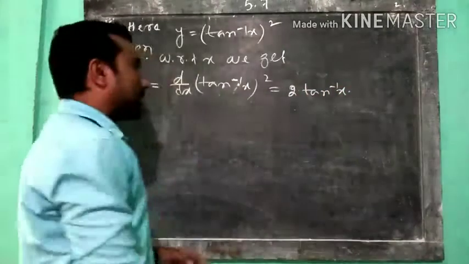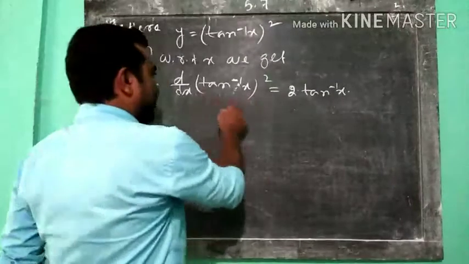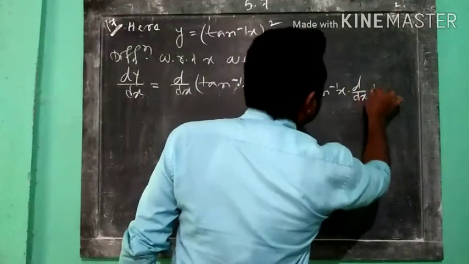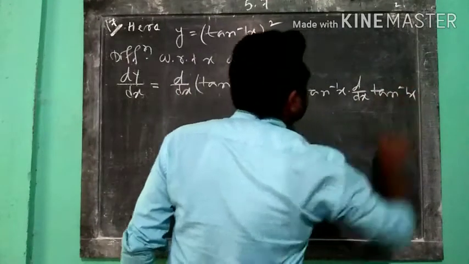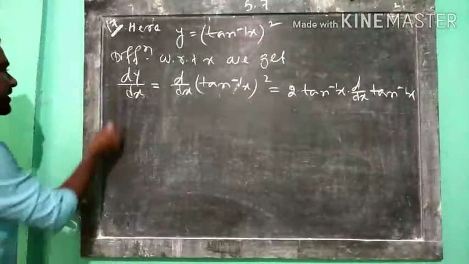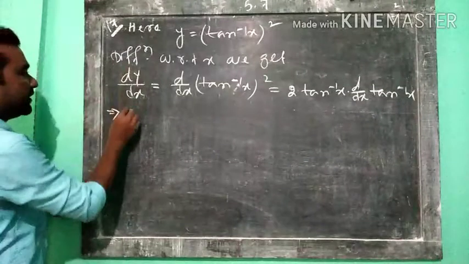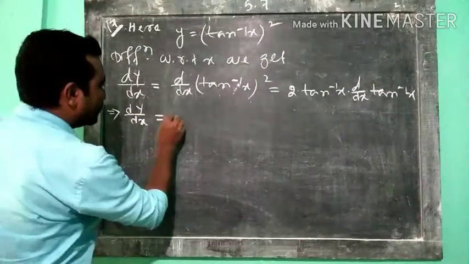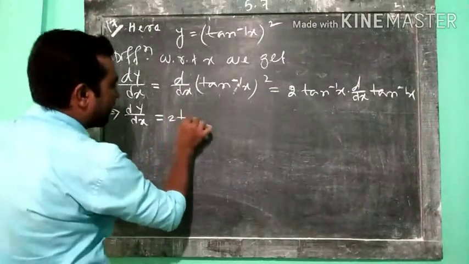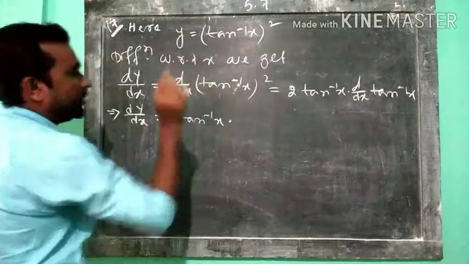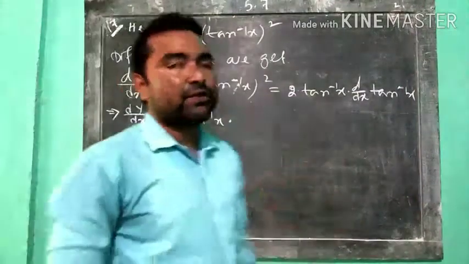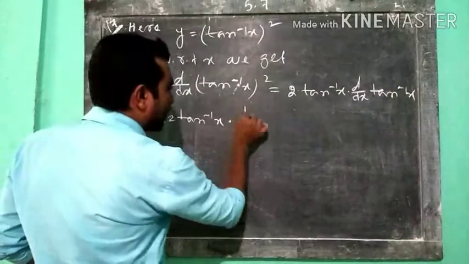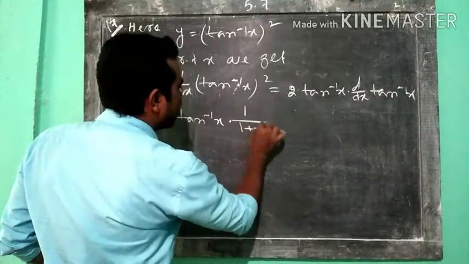Again, according to the chain rule, now we are going to differentiate tan inverse of x. So dy by dx is equal to 2 tan inverse of x into d/dx of tan inverse of x. We know the formula that d/dx of tan inverse of x equals 1 by 1 plus x square.